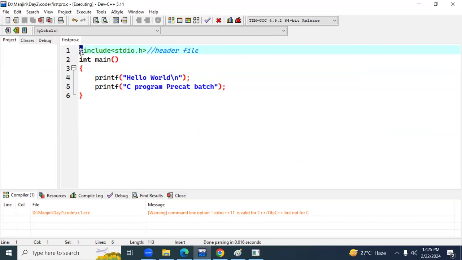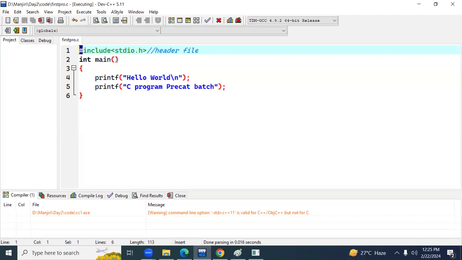That is a preprocessor. So it is always written with #include <stdio.h>, because before compilation we need this header file to go into processing. That's why we need to write this before, and it is done with the help of this preprocessor.